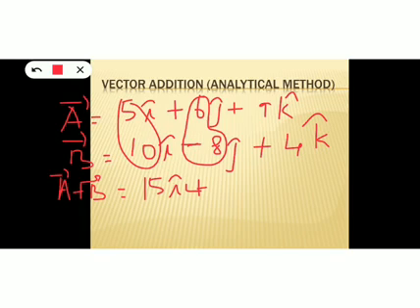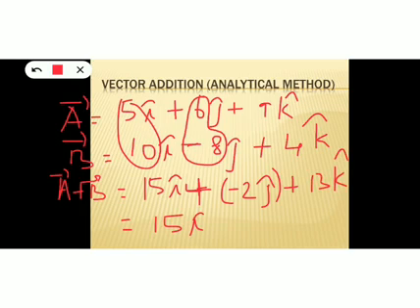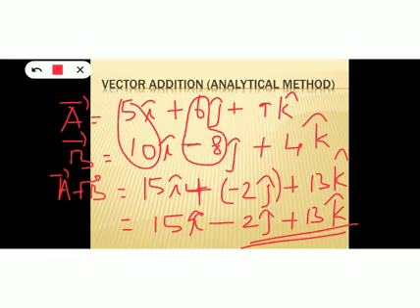So you get 15i plus minus 2j plus 9 plus 4, 13k. We can rewrite this as 15i minus 2j plus 13k. So this is the result of A plus B.